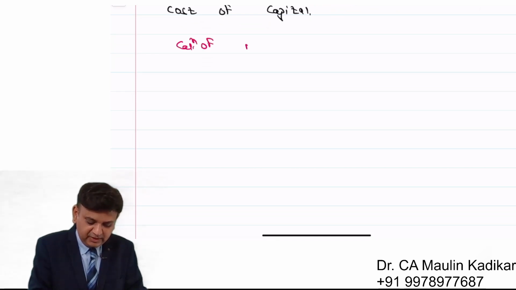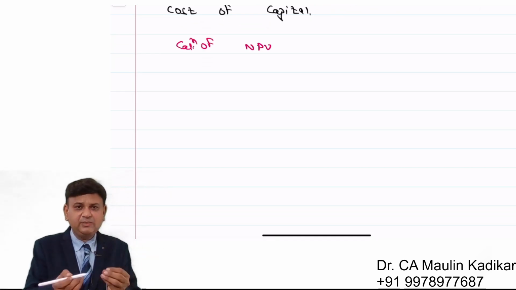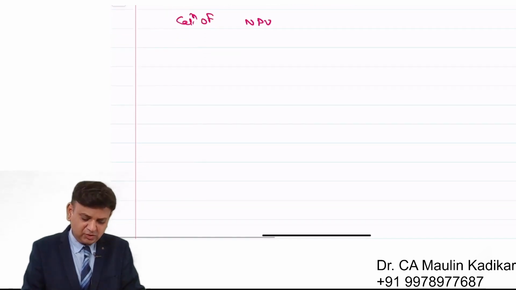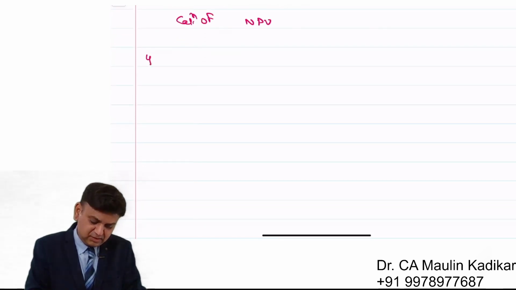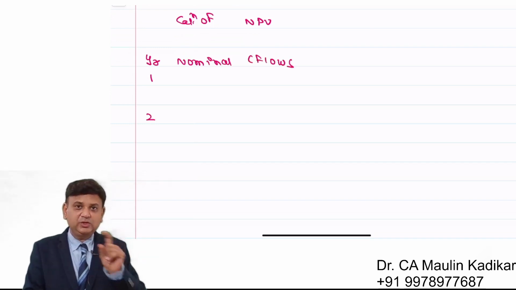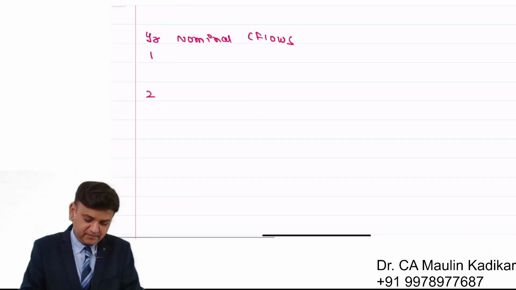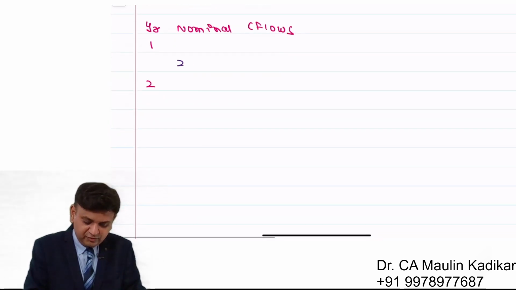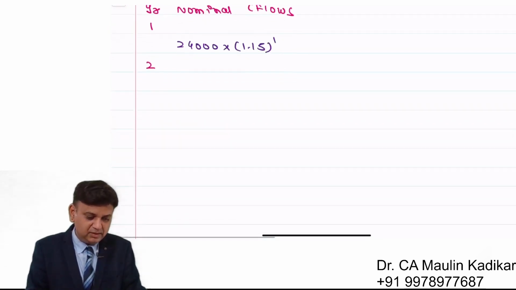Calculation of NPV, because in the table we only compute the nominal cash flow, that is the reason. First year end, second year end, nominal cash flows, which will be calculated as real cash flow into 1 plus inflation rate. It is 24,000 into 1.15 raised to 1.